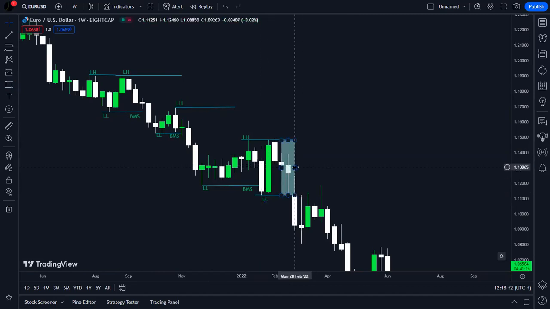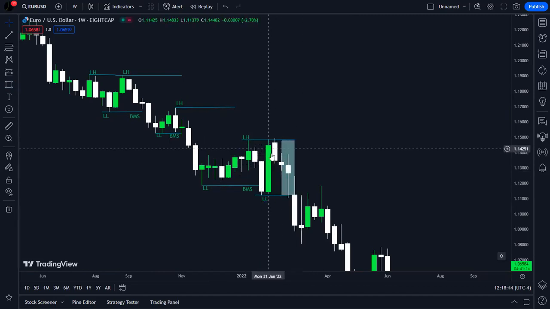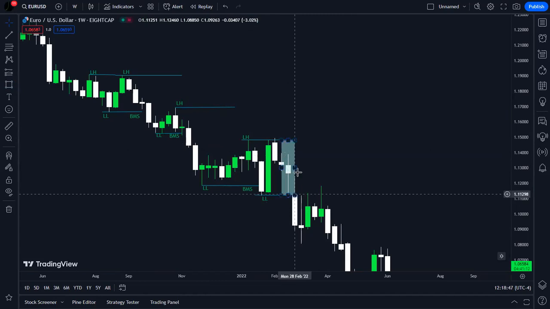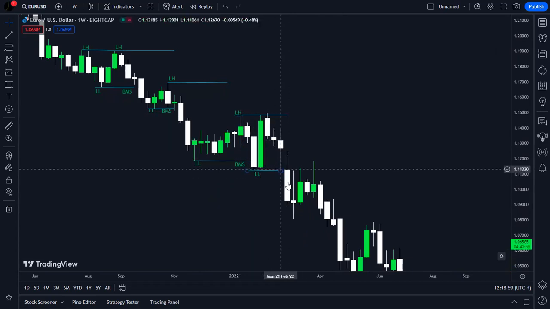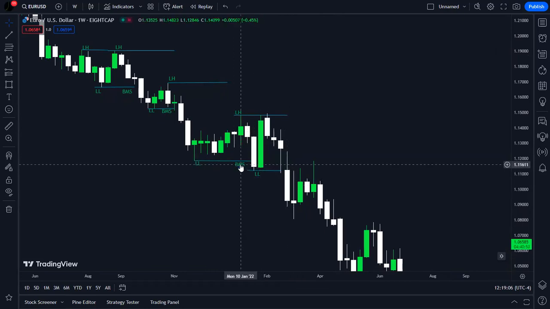You get a retracement, you hunt for new sales, then the market drops. Once it drops, it breaks below the previous lower low. So now it's out of this dealing range. Immediately it breaks and crosses below this lower low, we have a BMS, that's breaking market structure right there.